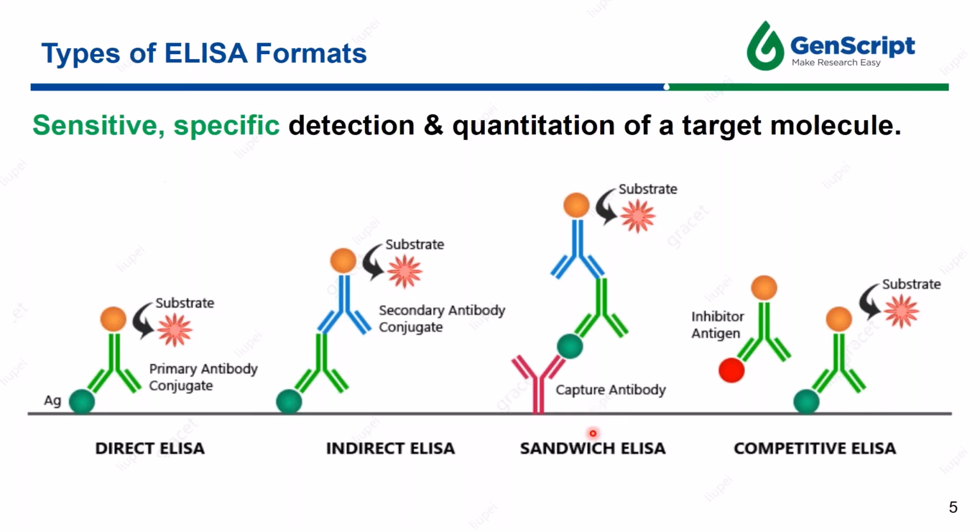Sandwich ELISA is particularly suited to the analysis of complex samples since the antigen does not need to be purified in the assay, so it can deliver higher sensitivity and specificity, and the sample can be human serum, mouse serum, horse serum, and so on.